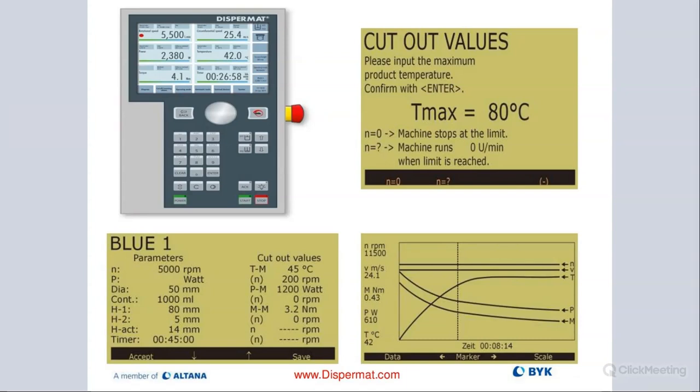And on the new one, it actually shows us here the actual height of the blade in the container where we're operating. So in this case, 14 millimeters is the height of our dispersing tool. If you want to replicate blue 1 in the future, all you do is recall it, and then it creates the same batch every single time, so that the Dispermat would be giving a very repeatable product.